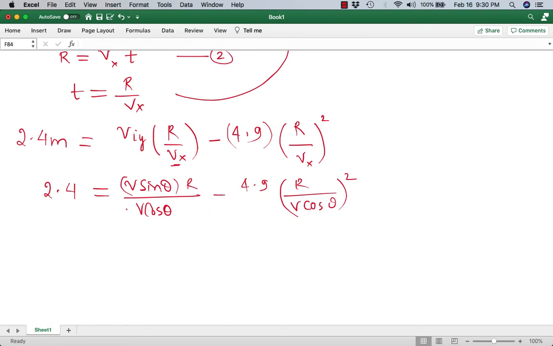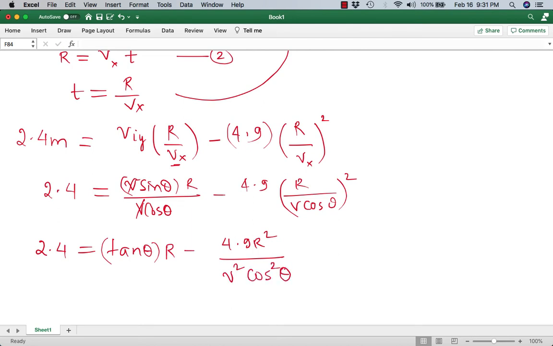Now we have everything known in this equation except V. Our job is to find V. Actually, you can cancel this V and this V. So 2.4 is equal to sine theta over cosine theta, which is tangent theta, and then the range is given, we will use that later, minus 4.9 R squared over V squared cosine squared theta.